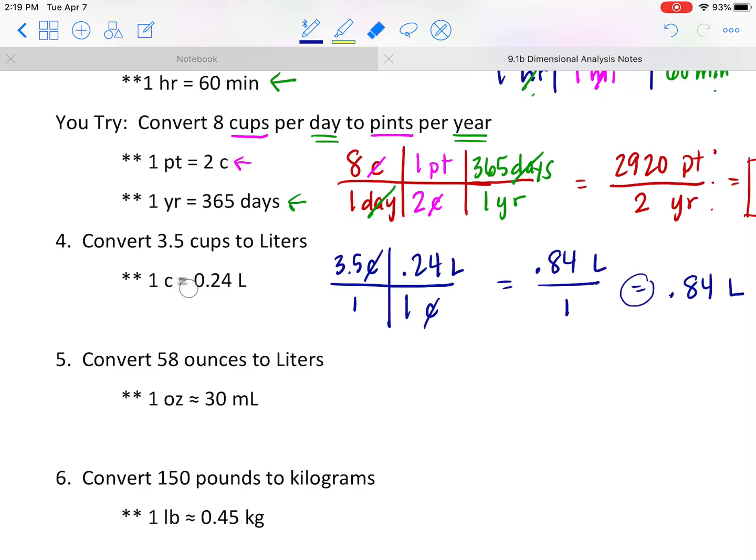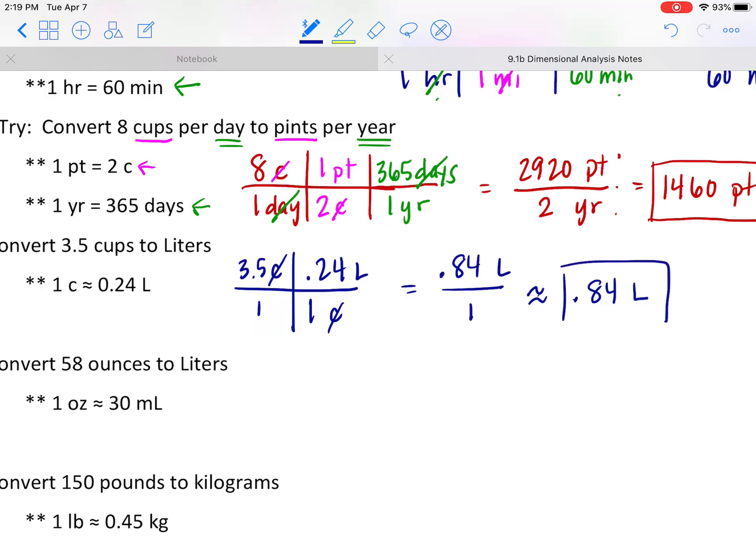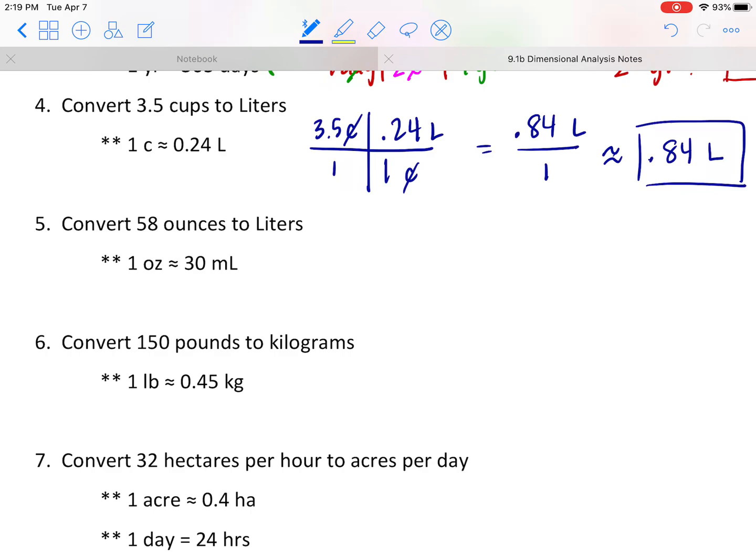Really, this should probably be an approximate. 1 cup is not exactly 0.24 liters. Notice the approximate or squiggly equal sign means it's as close as we can get to an estimate because there isn't an exact conversion. So this is approximately 0.84 liters.